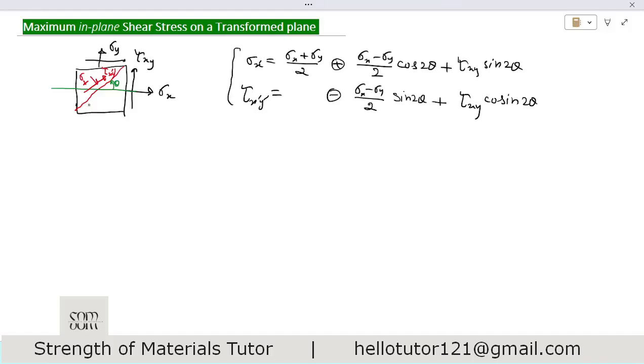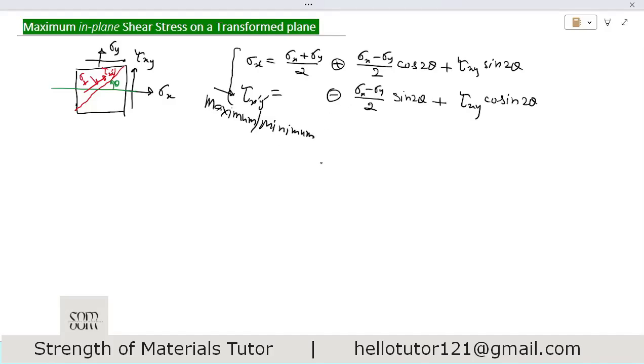Now we have to see any plane which is at an angle of theta, and we have to see at which angle this tau x prime y prime is going to be maximum or minimum.